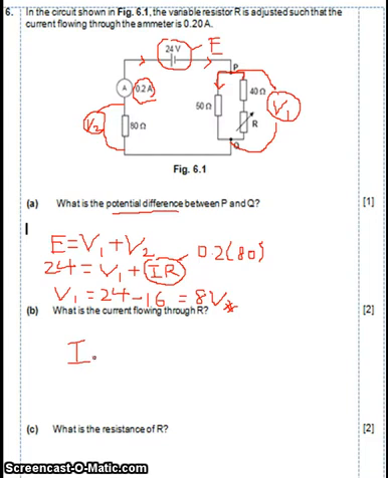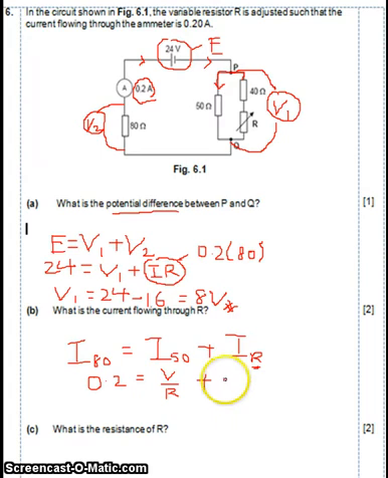Right, the current through the 80 ohm resistor is equal to the current through the 50 ohm resistor plus the current through R. The current through R or the current through the 40 ohm resistor is actually the same value. So the current through the 80 ohm resistor as given by the question is 0.2. The current through the 50 ohm resistor can be calculated using V over R, plus the current flowing through R, which is the unknown.